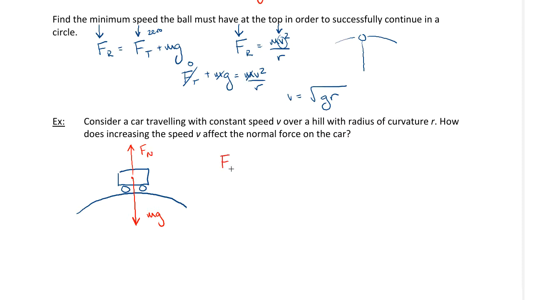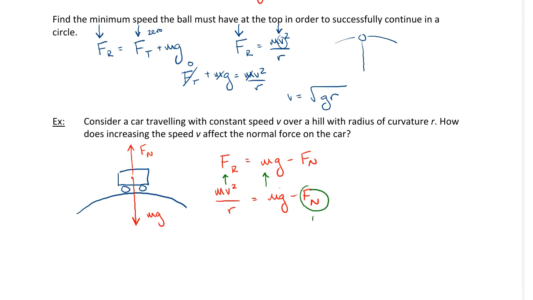And so my centripetal force is equal to the weight minus the normal force. And again, the centripetal force is equal to mv squared over r. So as I increase the speed, as v goes up, the left side of the equation goes up, so the right side of the equation must go up as well. Well, how is the right side of the equation going to go up?